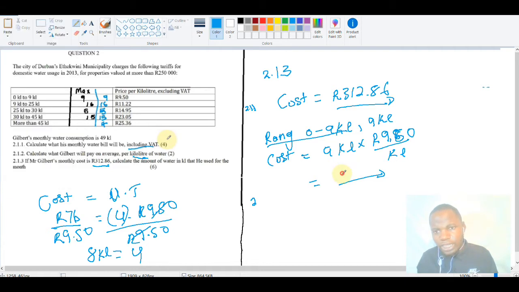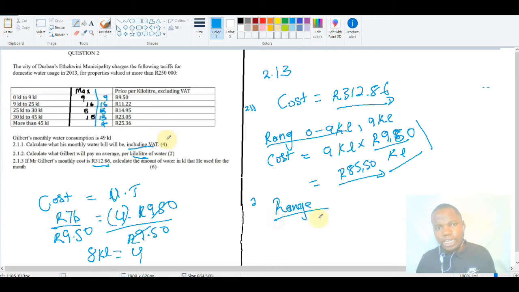Now this person has paid a cost of 312 rand. So if you use the 9 kiloliters of water, you pay 85 rand 50. But this person has paid more than 85 rand 50. So that means your volume of water is more than 9 kiloliters. So we move on to the second range.